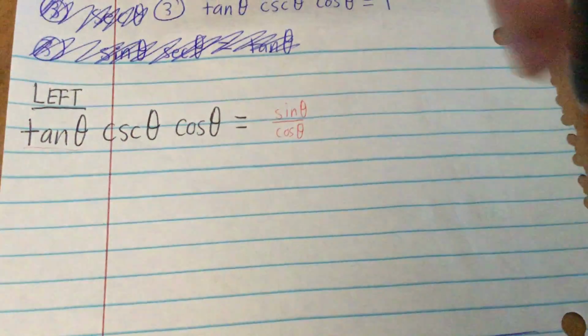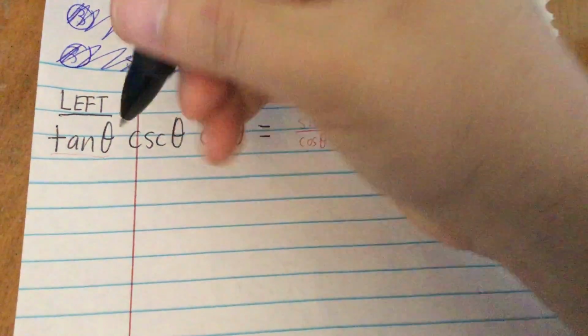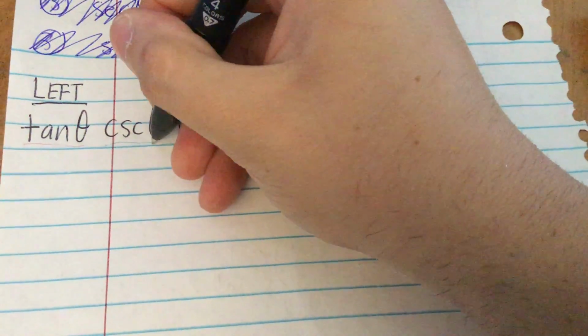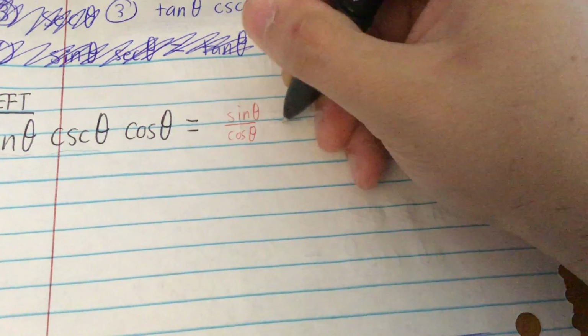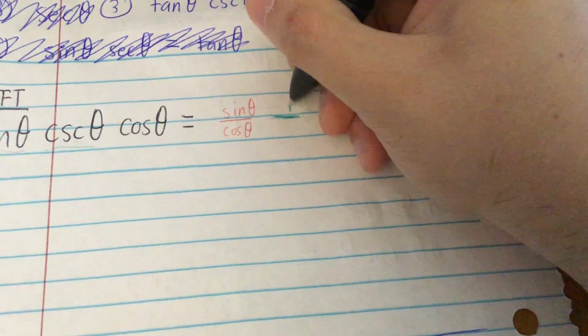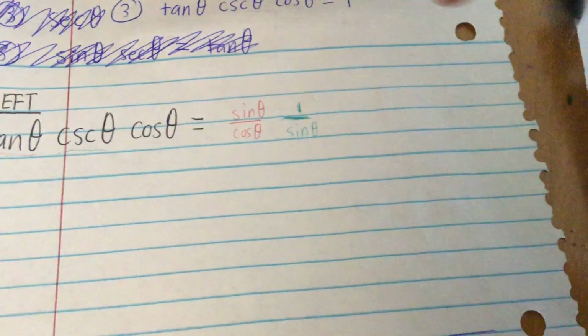So tangent can be rewritten as sine over cosine. Cosecant can be rewritten as the reciprocal of sine, so that's 1 over sine of theta. And cosine can't be broken down, but I can still make this cosine over 1.